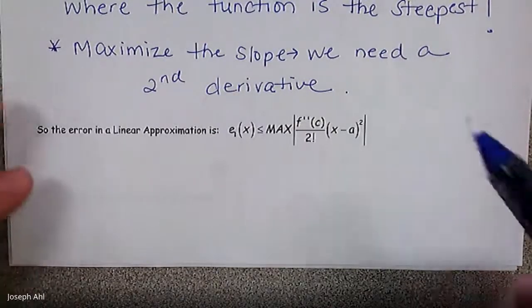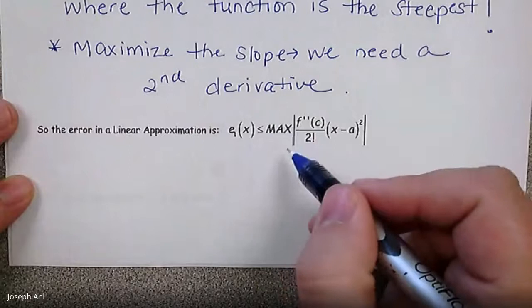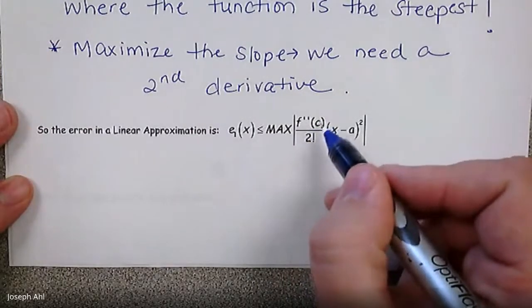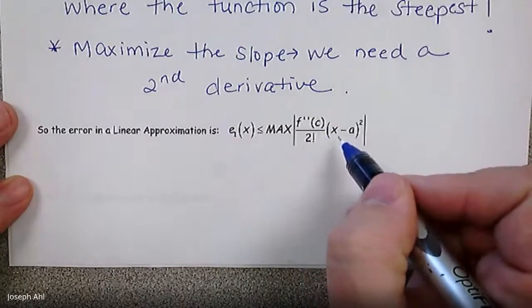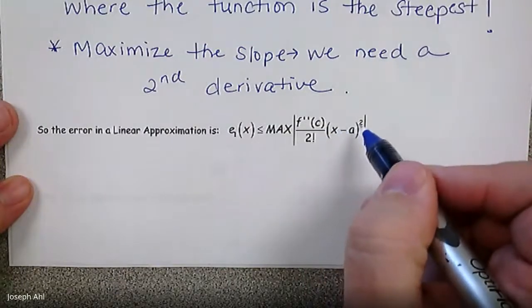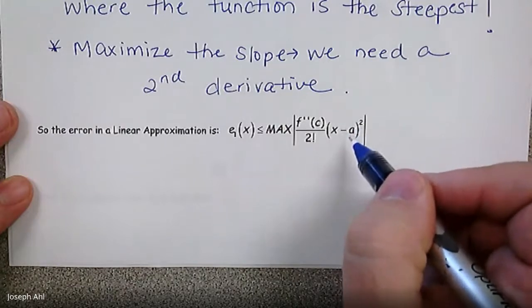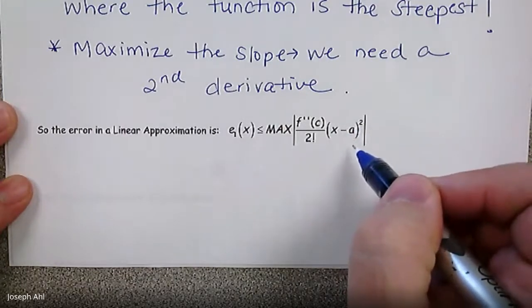Okay, we do have to know this formula for the max error in our linear approximation, and it's that second derivative f double prime at c over 2 factorial, and then x minus a squared is what we're multiplying by. Okay, where a is the value that we're finding our approximation at.